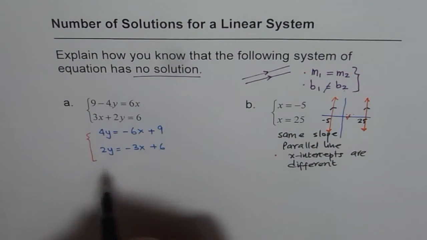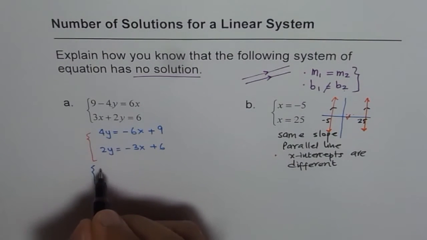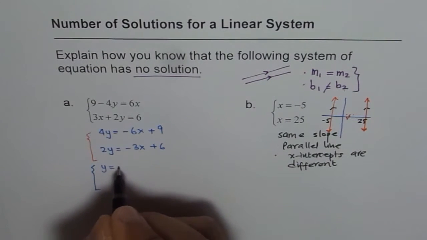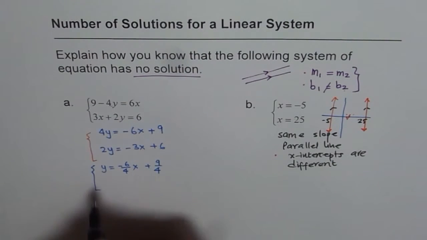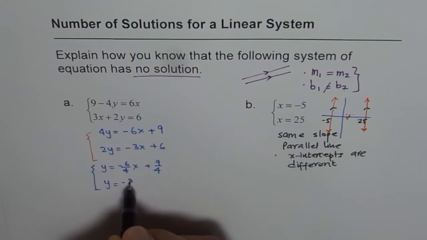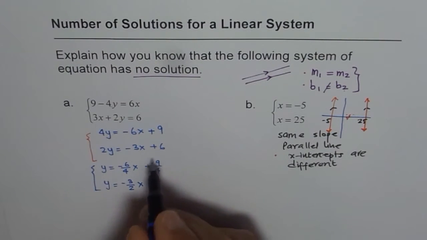Then dividing by 4 gives me y equals minus 6 over 4 x plus 9 over 4. And for the second equation, it is y equals minus 3 over 2 x plus 6 divided by 2, which is 3.